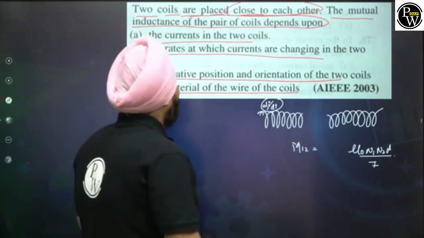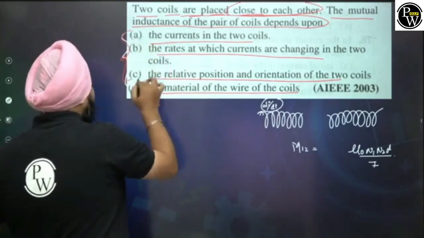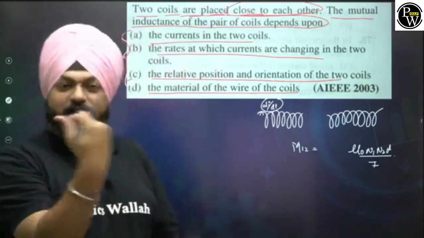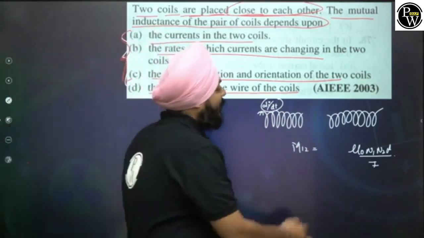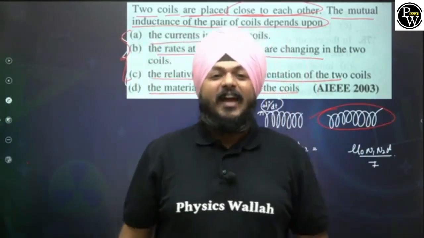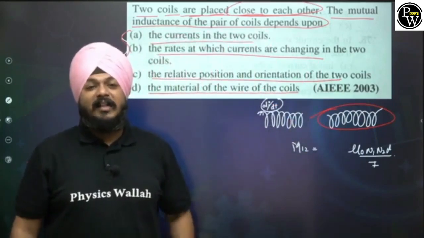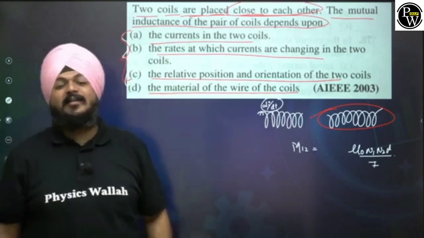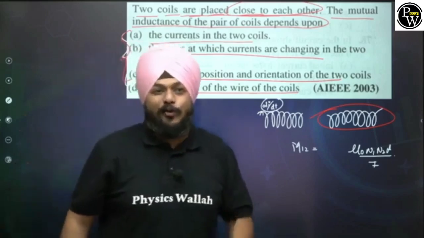All of those three reasons are reasons for the mutual EMF to get induced into the nearby coil. But it is important whether this coil is allowing or not. Suppose the material is not a conductor; if it is a good insulator, then what are you going to do?